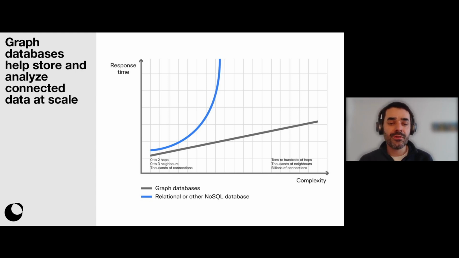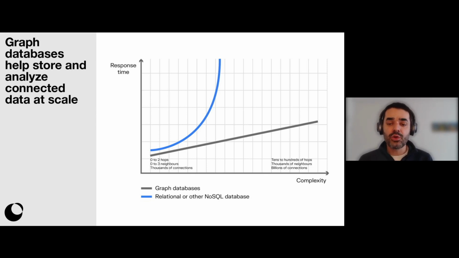If you have simple questions when it comes to the connections in your data, maybe you're just interested in what's going on about a particular entity one or two hops away from it, or maybe you are dealing with graphs in the low thousands of nodes and entities, then virtually any backend can be used to analyze the data.